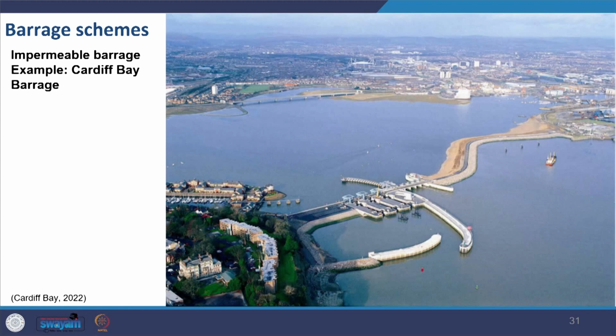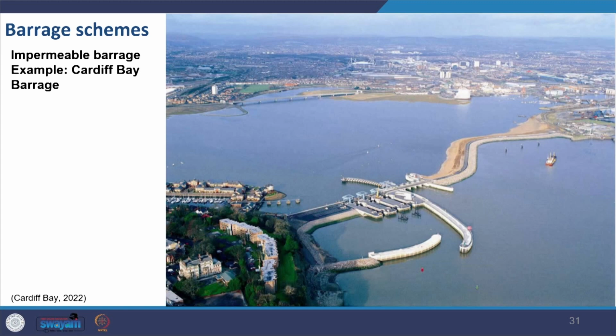The impact of this has been loss of marine habitats, loss of mud flats, and also impact on the marine coastal flora and fauna. In the picture you can see the Cardiff Bay Barrage here.